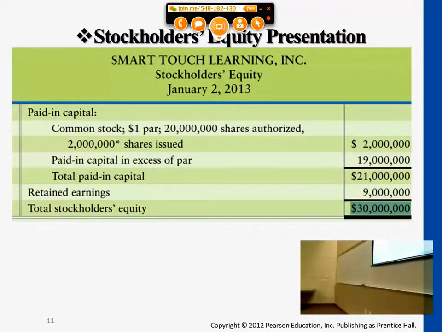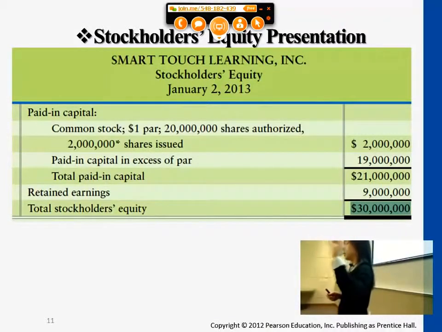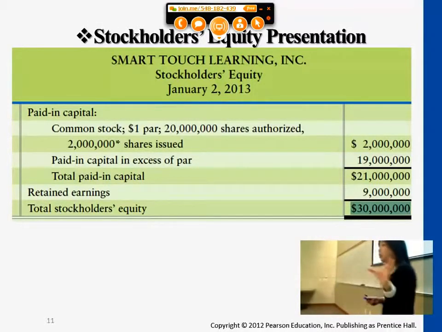Now, if we take a look at the common stock category, it tells you $1 par, that's the face value, and then it tells you 20 million shares authorized. The 20 million shares authorized is the maximum number of shares that the company is able to issue to the public. That part will be given to you in each and every problem.